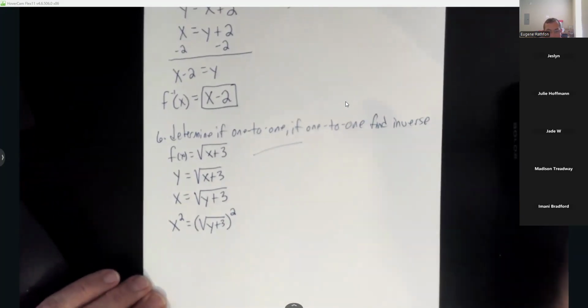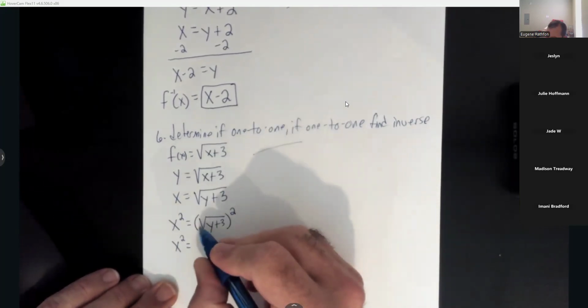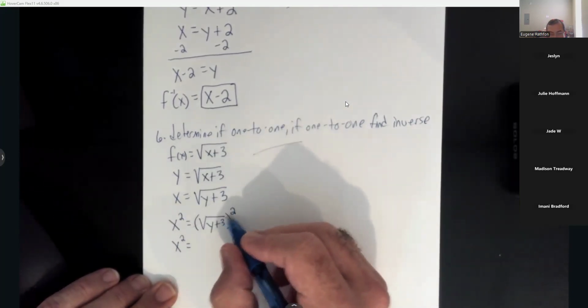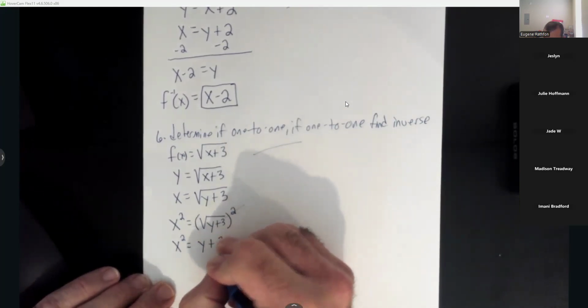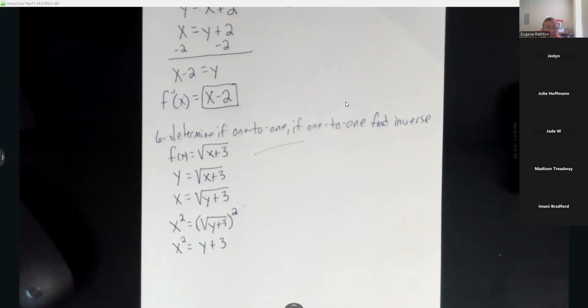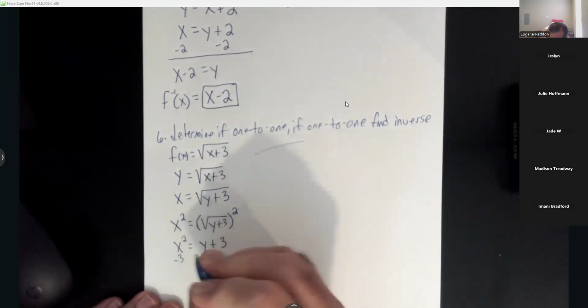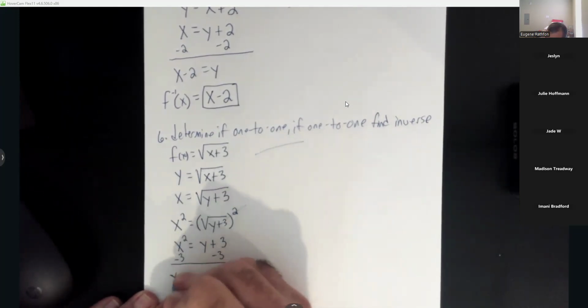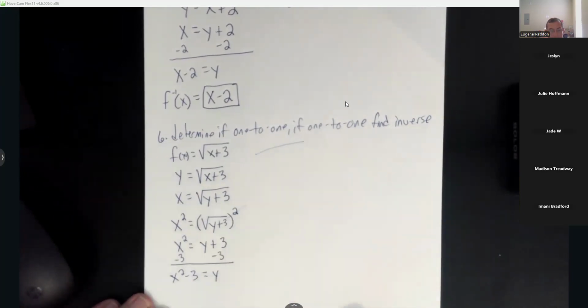Bringing down our x squared. Over here, the radical and the exponent cancel, leaving y plus 3. And then, y'all, my last step is to subtract 3 from both sides. I get x squared minus 3 equals y.